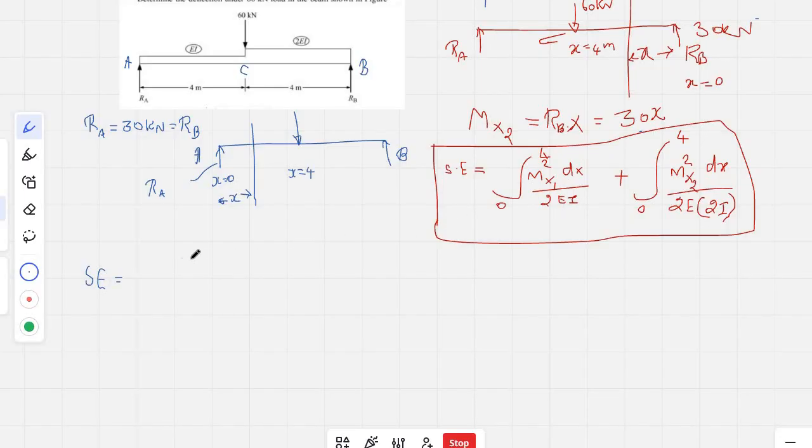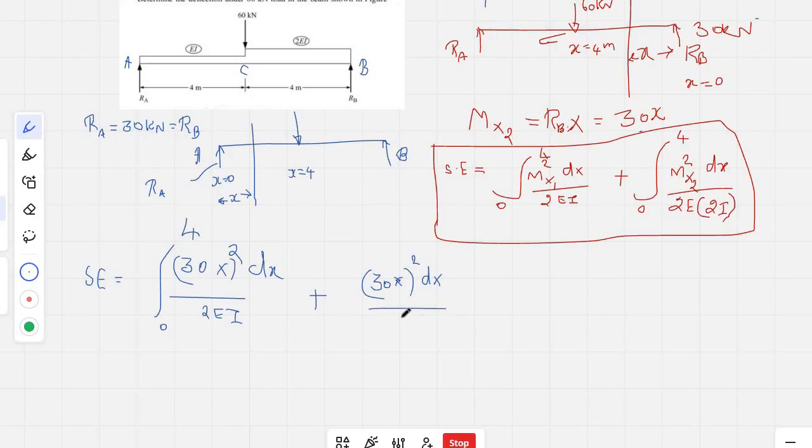So Mx1 is 30x, so (30x) the whole square dx by 2EI, integral 0 to 4, plus (30x) the whole square dx by 4EI.